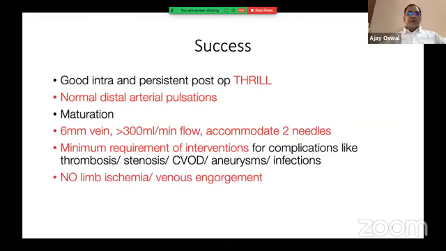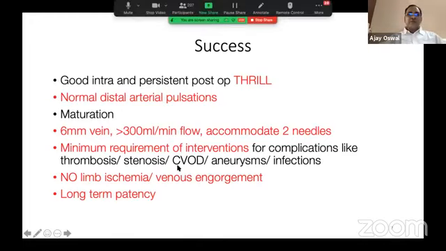No limb ischemia, no venous engorgement, and long-term patency. This is a big list of factors which should be there for success. If all these factors are there, then I call it a successful AV fistula.